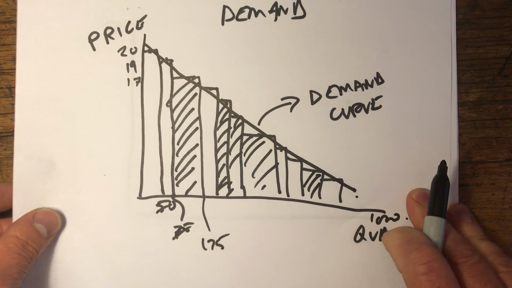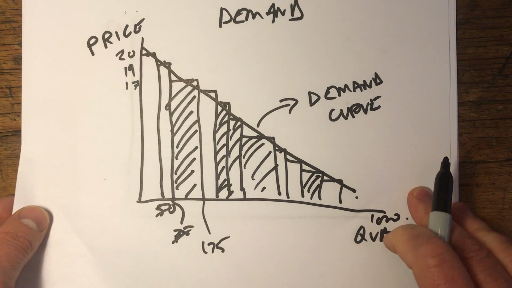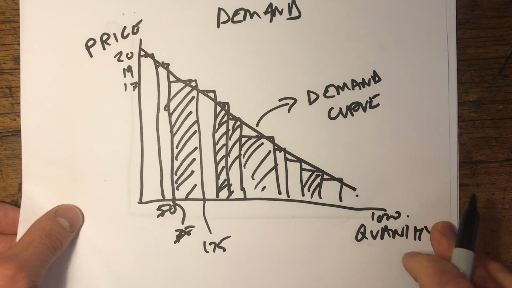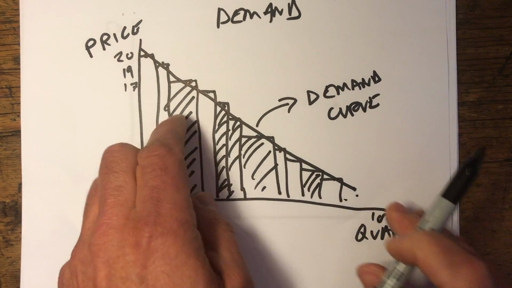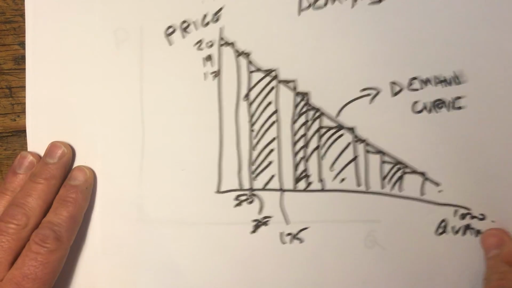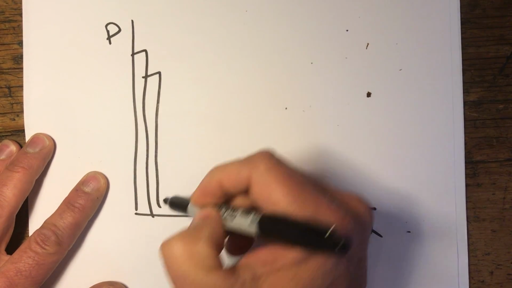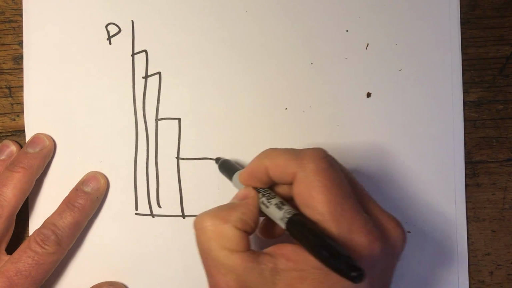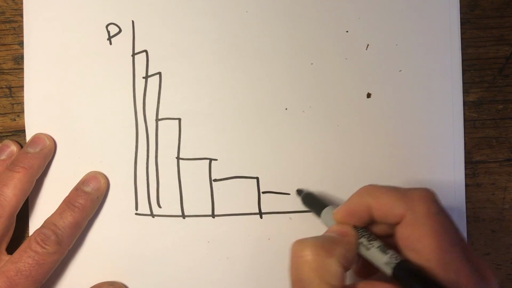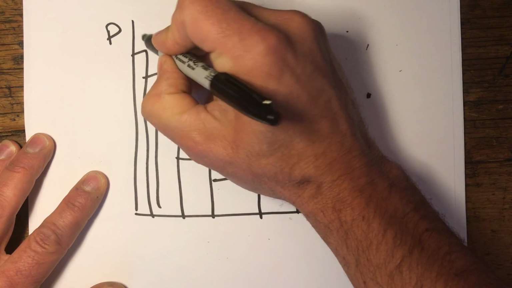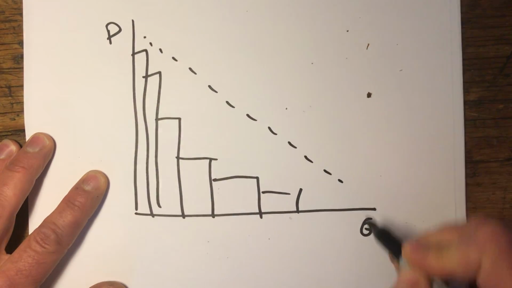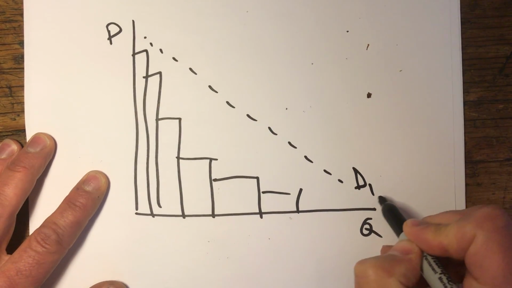The net effect that has is to draw a new demand curve, right? So if you were to take out all of these pieces, actually let's just draw this. We're going to redraw the demand curve with our new, more limited group. And if you remember, the first demand curve kind of went there, and we'll just call that D1.